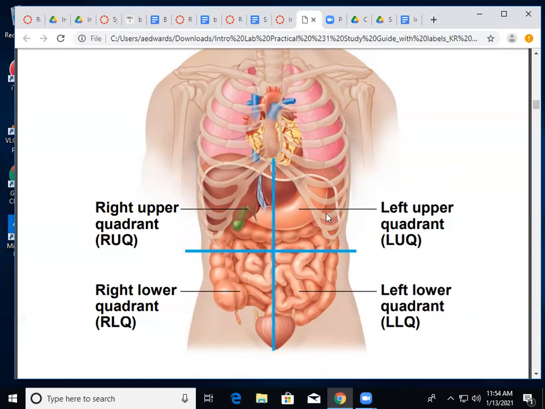This is the left upper quadrant, or LUQ. This is the left lower quadrant, LLQ, and right lower quadrant, RLQ. It's the side and then up or down. So right upper, left upper. But just remember it's opposite sides.